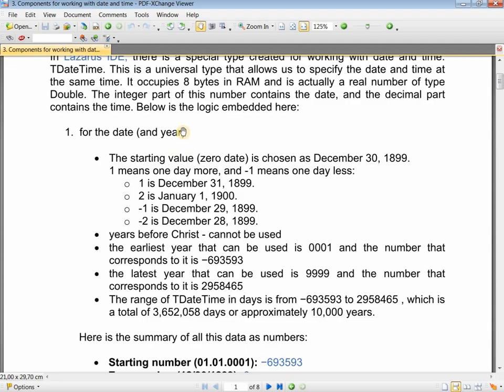First, for the date and year for the initial or 0 value, the starting one is chosen: December 30th, 1899. 1 means 1 day more, and -1 1 day less.